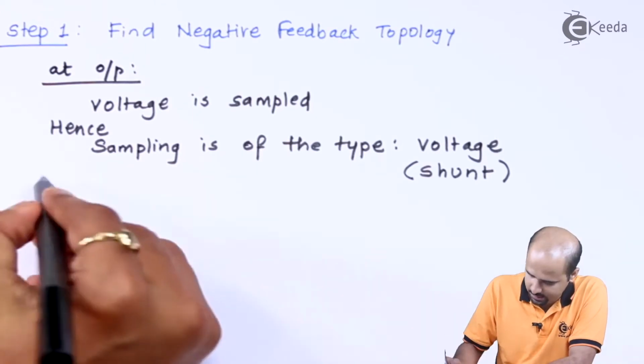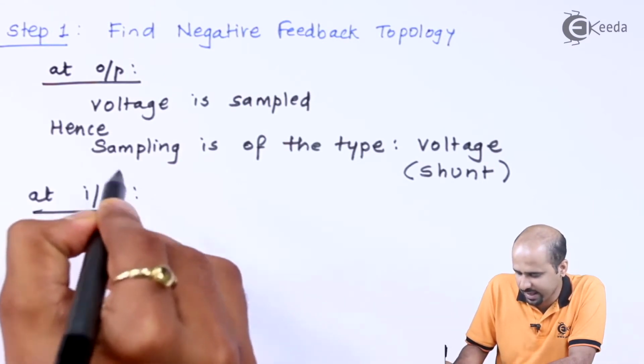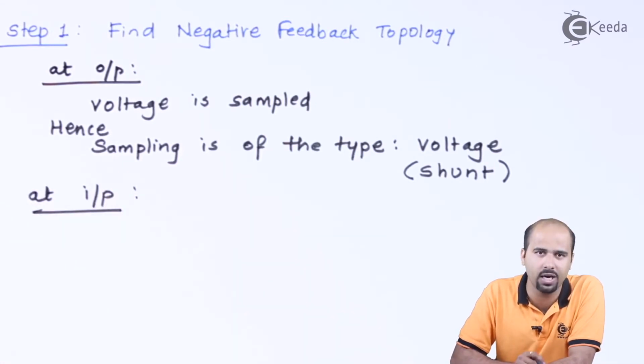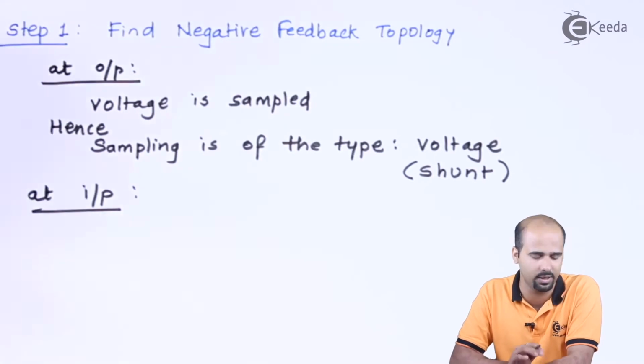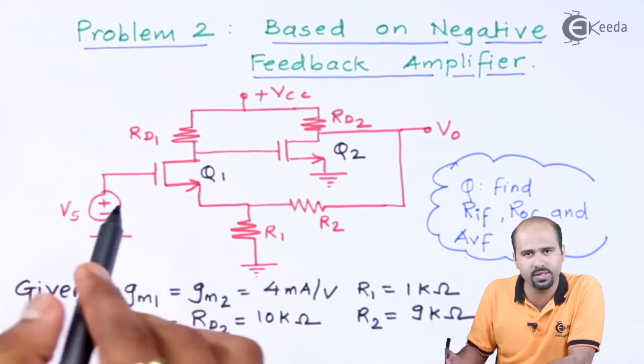Next we move ahead to the input side. We have identified the sampling parameter and the circuit at the sampling part. Now we have to learn the mixing phenomenon.